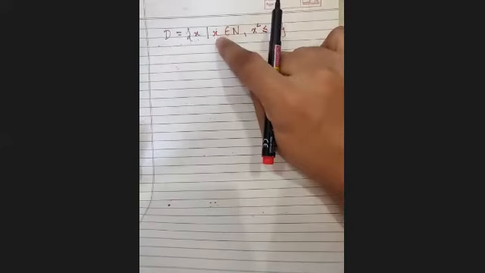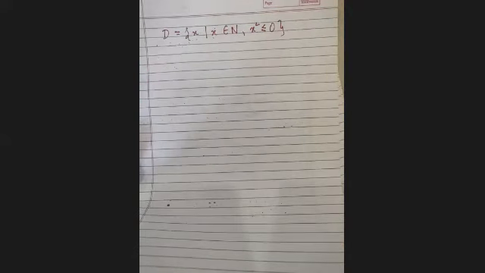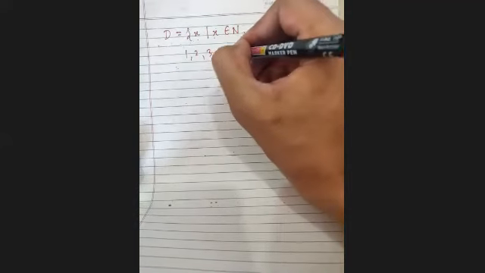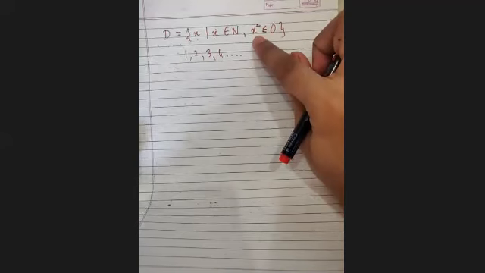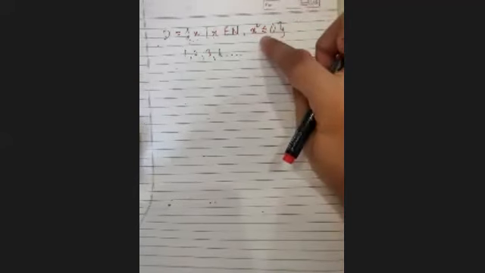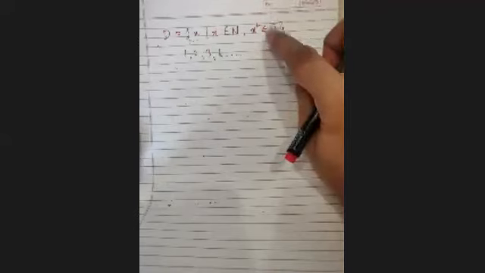First, they're telling us X is a natural number. What all are natural numbers? 1, 2, 3, and so on. Now, what we want is such numbers which, after squaring, should be less than or equal to 0.